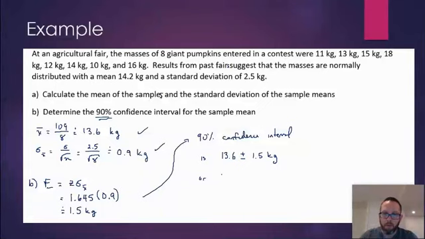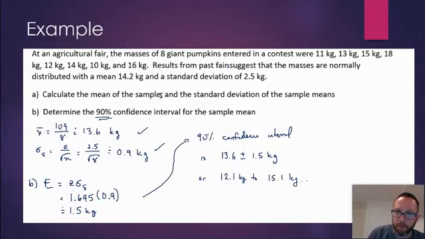And that we can do with mental math. That's 12.1 kilograms to 15.1 kilograms. So we can be 90% confident that the average of all giant pumpkins would be between 12.1 and 15.1 kilograms.